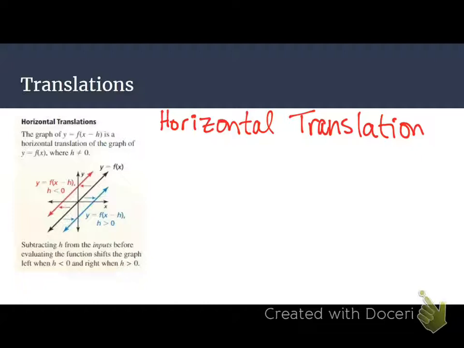Okay, so if we have a function f of x as the parent, so we're going to call our parent function y equals f of x. This is our parent. This is what we're basing everything else off of.